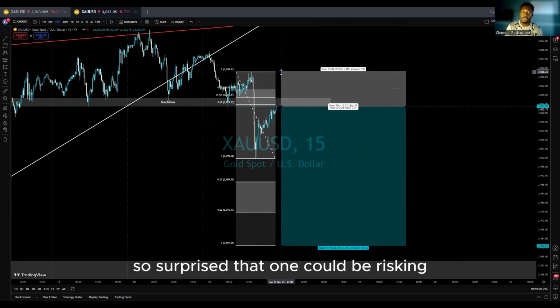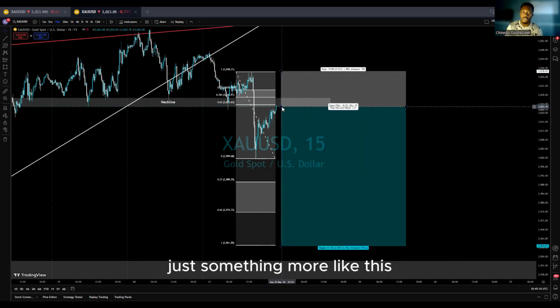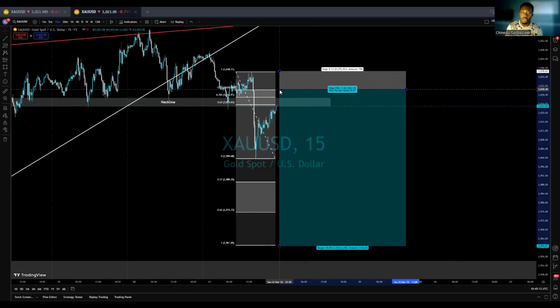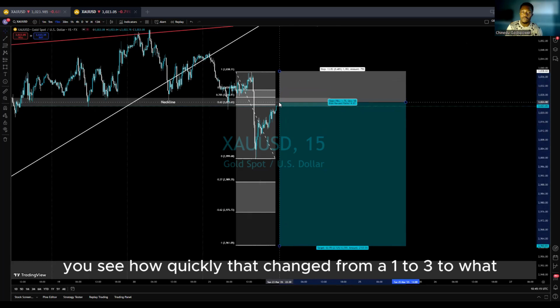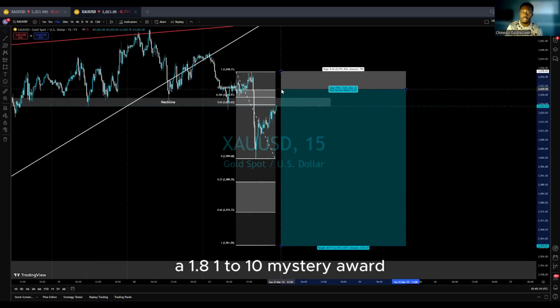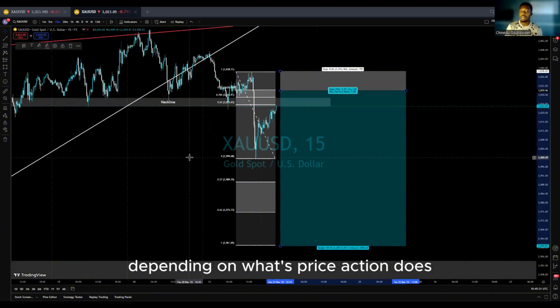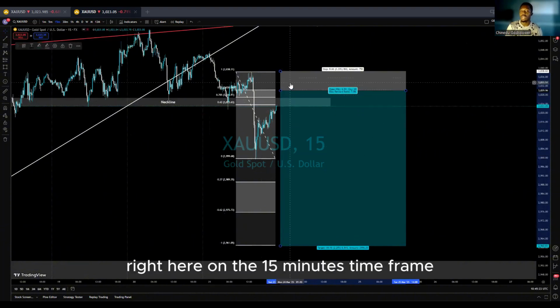There you'll be so surprised that one could be risking just something more like this to have a 1 to 8. You see how quickly that changed from a 1 to 3 to a 1 to 10 risk to reward, depending on what price action does right here on the 15 minutes time frame.